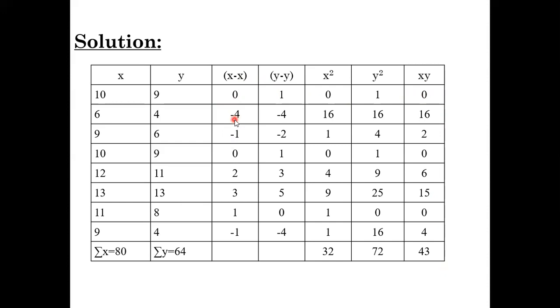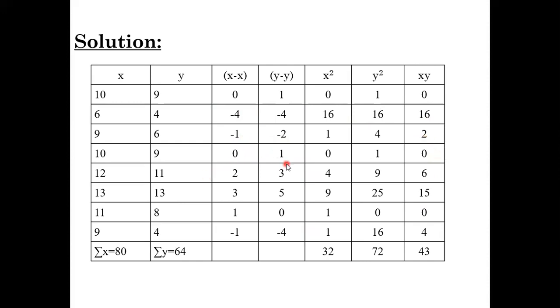Here see, minus 4 into minus 4. Minus into minus becomes plus, so here plus 16. If it is plus, there is no need to put the plus sign. If you get minus, then only you must put the minus sign. So minus 1 into minus 2 gives plus 2.